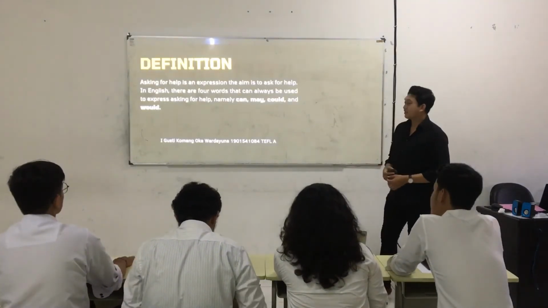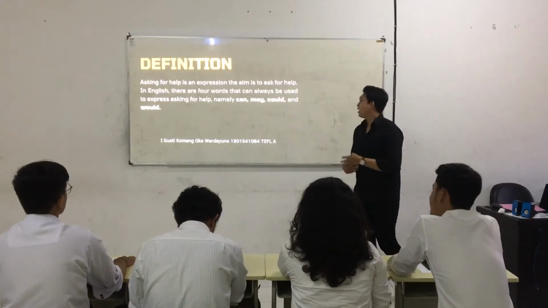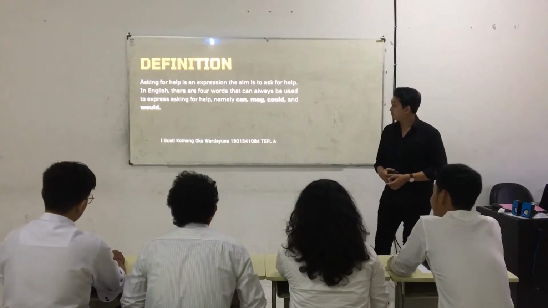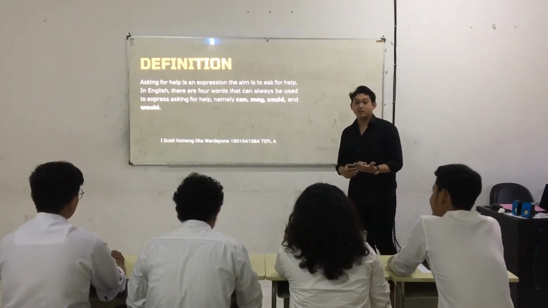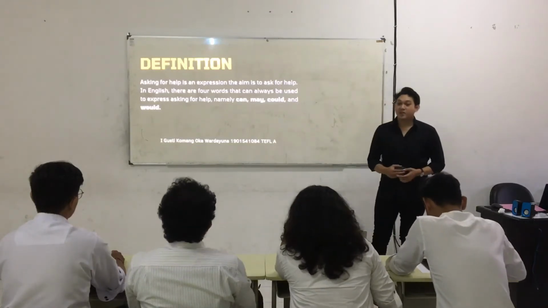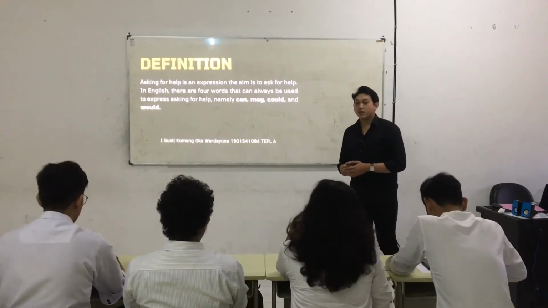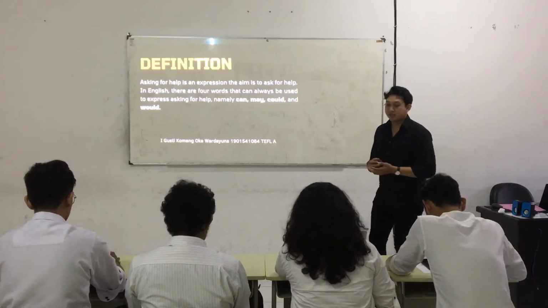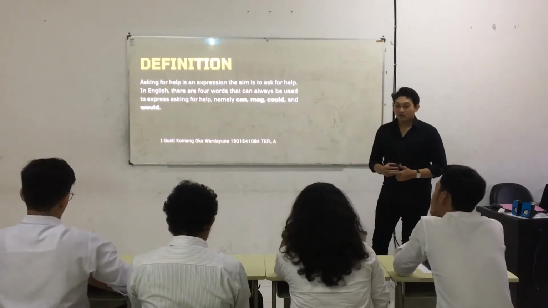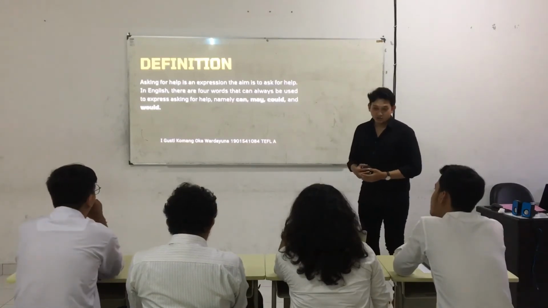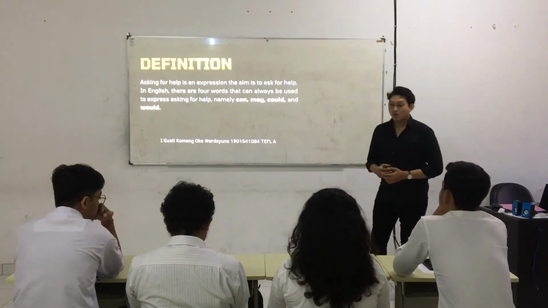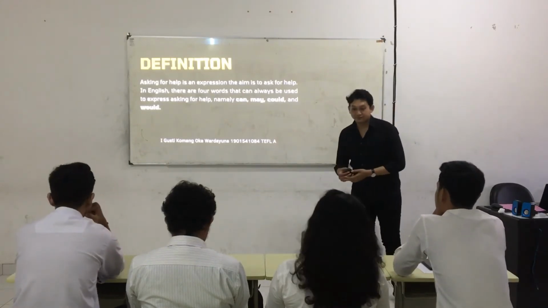In English, there are 4 words usually used to express asking for help, namely can, may, would, and could. In expressing asking for help, the word can is used among peers, for example, between friends. But it is not polite when talking to an older person or a respected person, or perhaps to strangers.